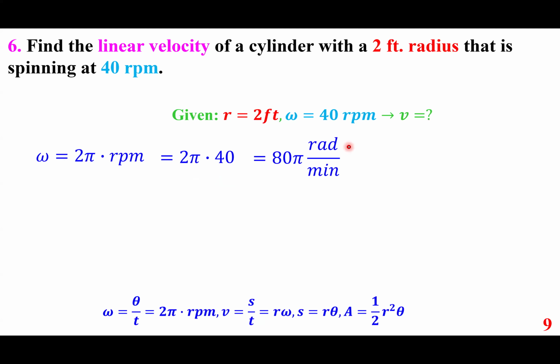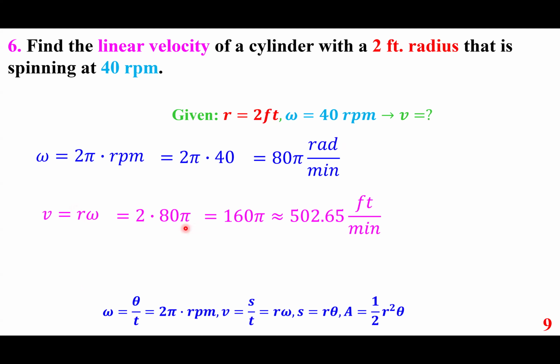So V equals R omega. That means 2, the radius, times 80 pi, the omega. And that's precisely 160 pi. You can put it into a calculator, but it's 160 pi feet per minute. Units of V now in feet per minute.